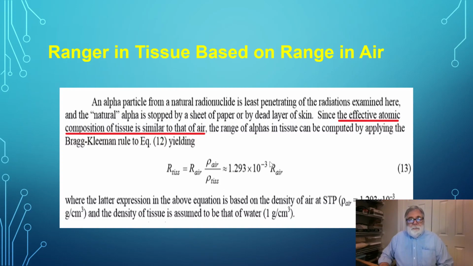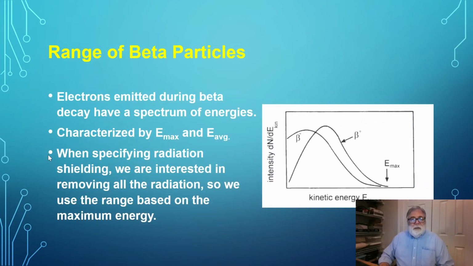So the point is that going through tissue, the range is much shorter, a thousandth of what it would be in air. Okay, so as it notes here, a sheet of paper or the dead layer of skin is sufficient to stop most alpha particles. Let's talk about the range of beta particles.